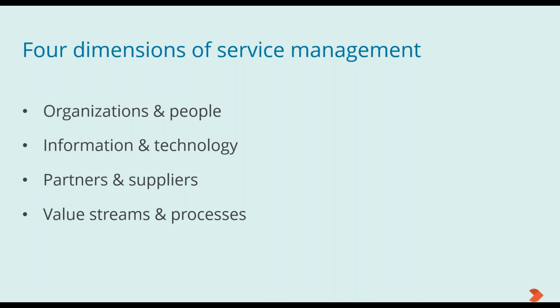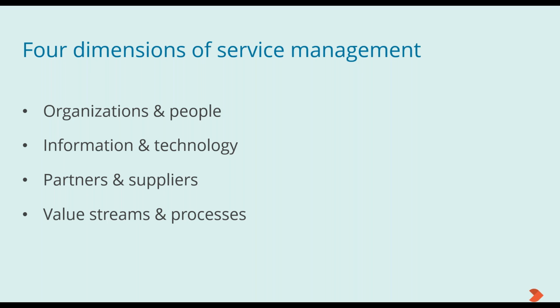And it is essential to achieve a balance of focus between each of these dimensions when you are delivering value through products and services. When you look at them, you might recognize the 4 P's of service management from the previous ITIL version. They were people, product, partners, and process. But let me go quickly through these new 4 dimensions.